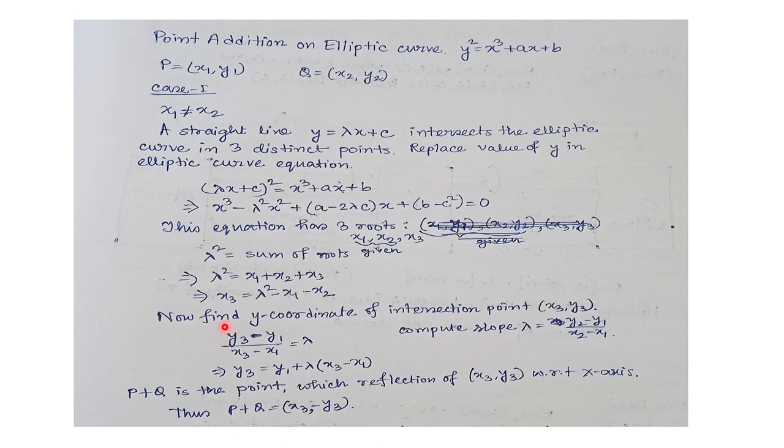And then again x3 y3 is another point on the straight line, so you can write y3 minus y1 by x3 minus x1 also as the slope value, and then you put the already computed value x3 in the equation and compute the value of y3. So that is how you compute the x3 comma y3 point, and then take the reflection, that is x3 comma minus y3, as the sum of them.